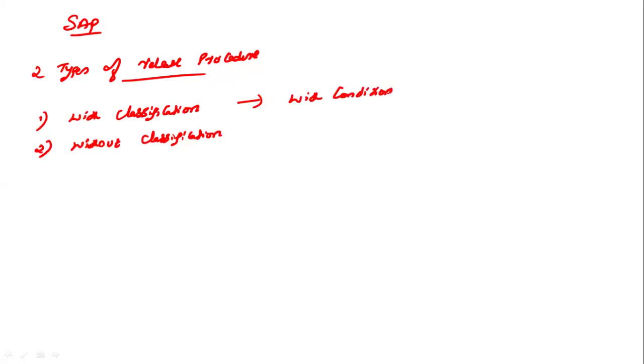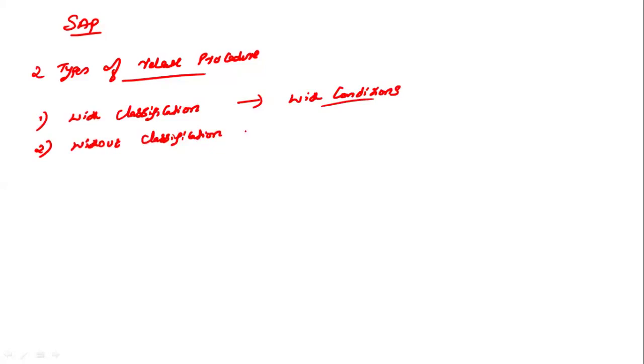I said that business needs the release procedure only to be affected when the document type is this, plant is this, and the value is this. So they are fixing the values. When you have these conditions, only then the release procedure should get affected or enabled. That can be achieved only with classification release procedure.